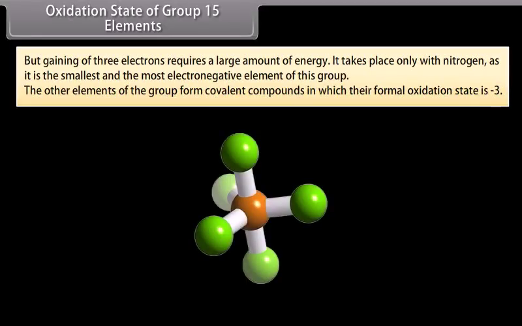But gaining 3 electrons requires a large amount of energy. It takes place only with nitrogen, as it is the smallest and the most electronegative element of this group. The other elements of the group form covalent compounds in which their formal oxidation state is -3.